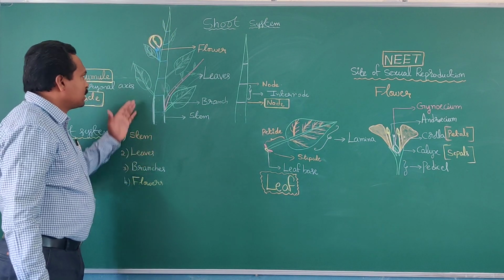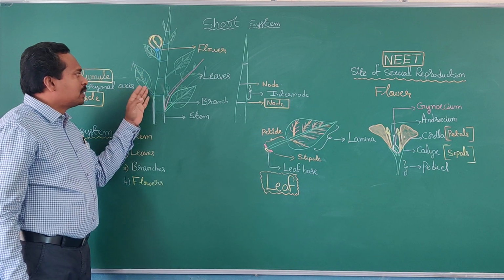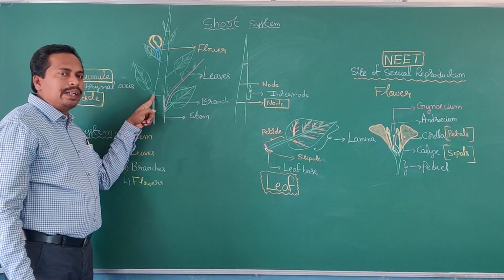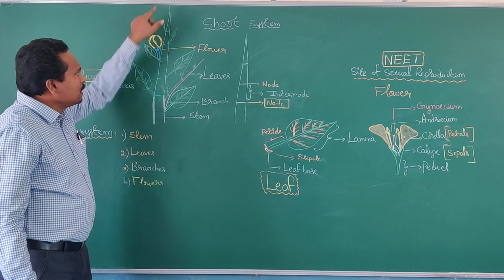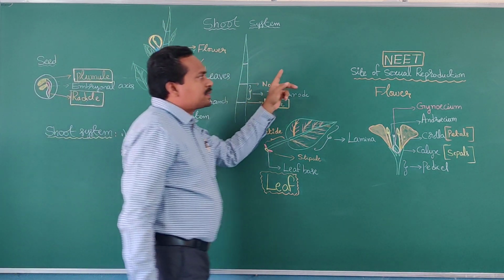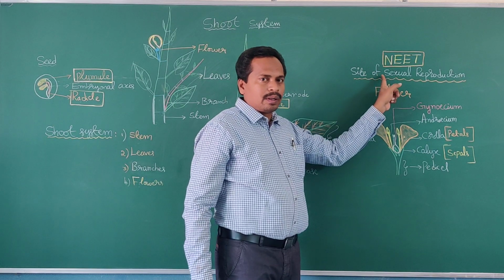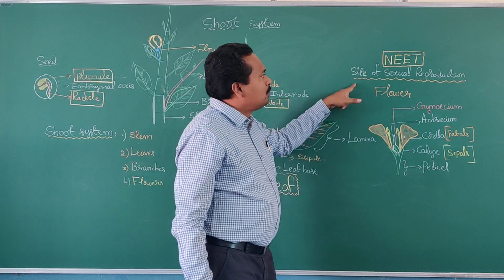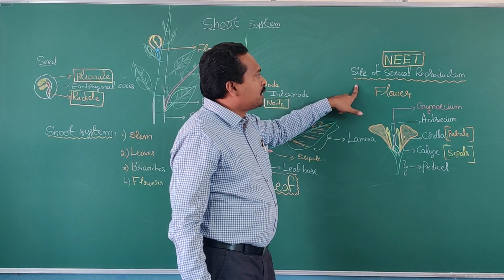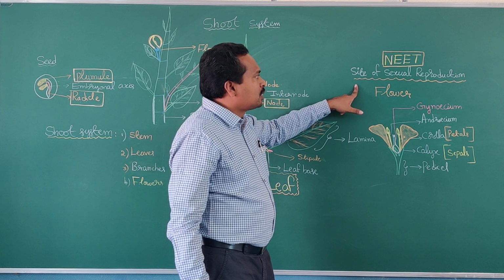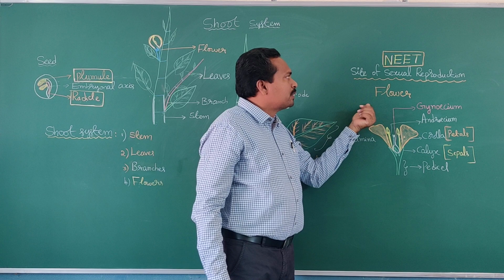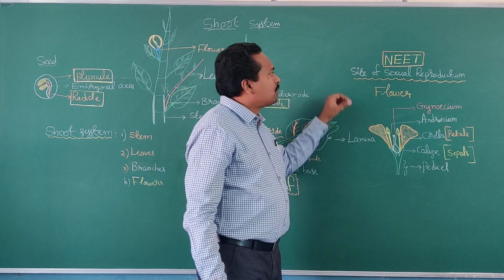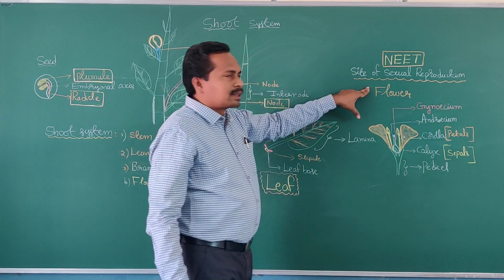The flower is a site of sexual reproduction. This is important, please highlight. It is very important from the NEET examination point of view: the flower is a site of sexual reproduction.